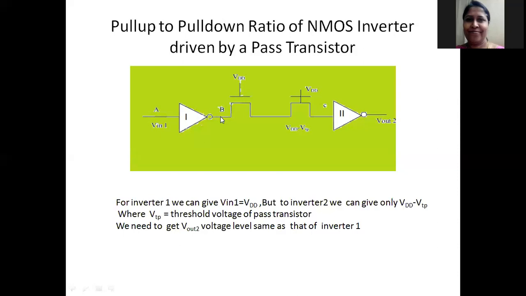So here, if an inverter is connected through pass transistors, the highest voltage you can apply at the input is VDD minus VTP. Why? Because the pass transistor has a drop of threshold voltage here. So VDD minus VTP is the maximum voltage that you can get here.